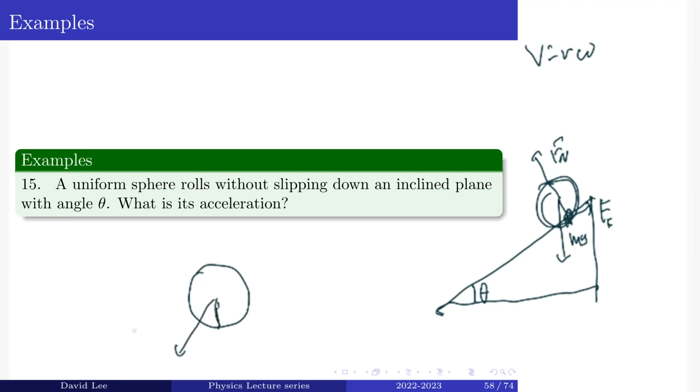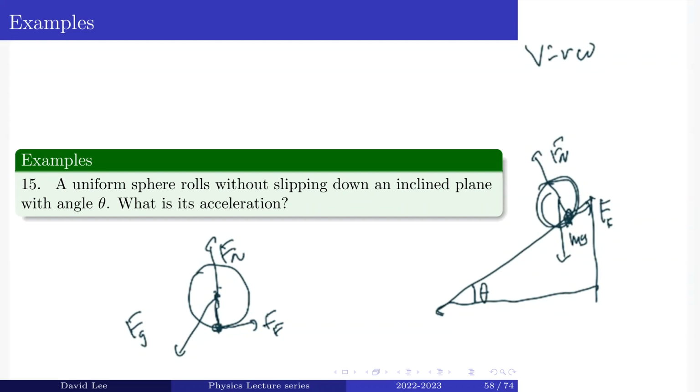Gravity will go this way in this frame, normal force this way, and friction acts at the contact point. So if this is our pivot, then the only thing applying a torque will be gravity. We can also solve it with the center of mass as our pivot. In that case, the only thing providing torque will be friction. So it is important that you keep track of where your pivot is.